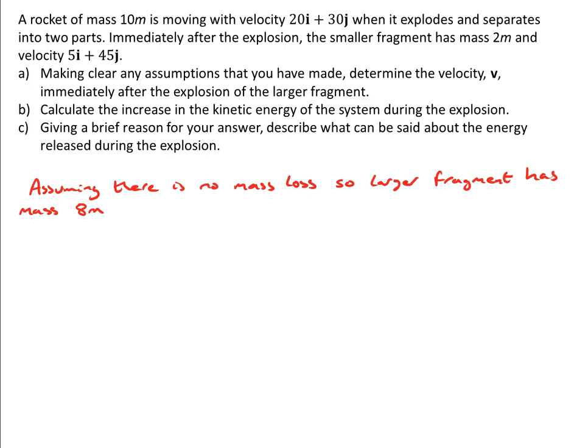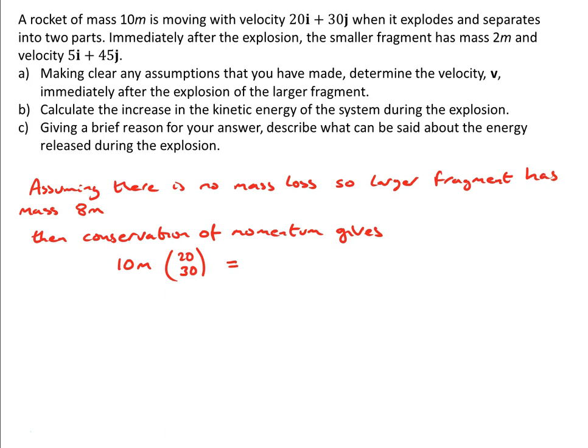The momentum of the whole system will be conserved during the explosion because there are no external impulses acting during this explosion. So we can say that the initial momentum, which is 10m times the vector (20, 30), must equal the final momentum of the system after the explosion.